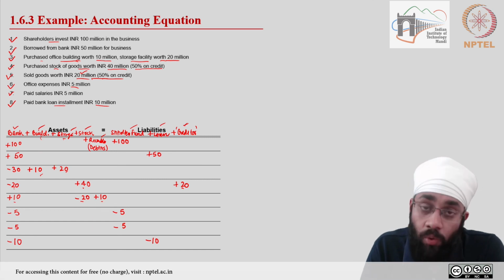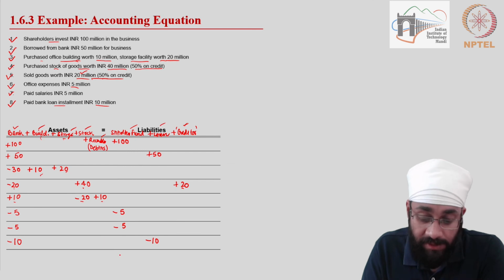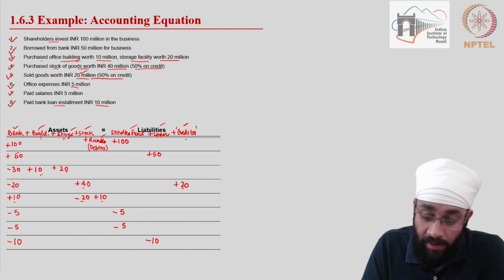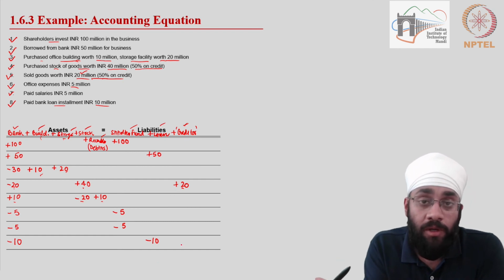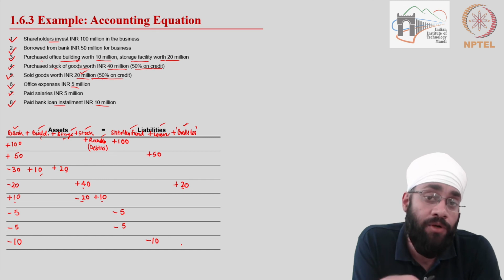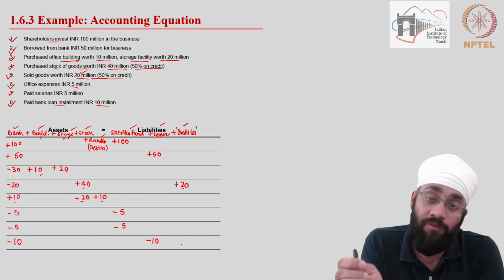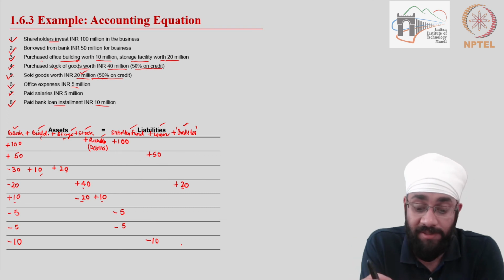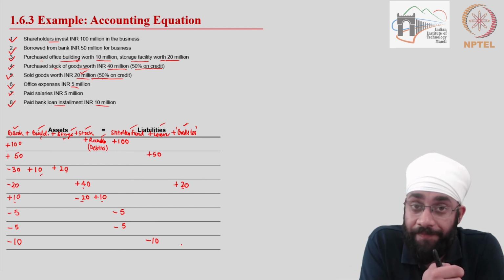What is the shareholder fund? That is 100 minus 10, that's 90. A loan was taken, 50, paid 10, you're left with 40 to be paid. Creditors worth 20. So at the end of the transactions, you are able to see the balances in various assets and liabilities, the value of assets and the liabilities to be paid.